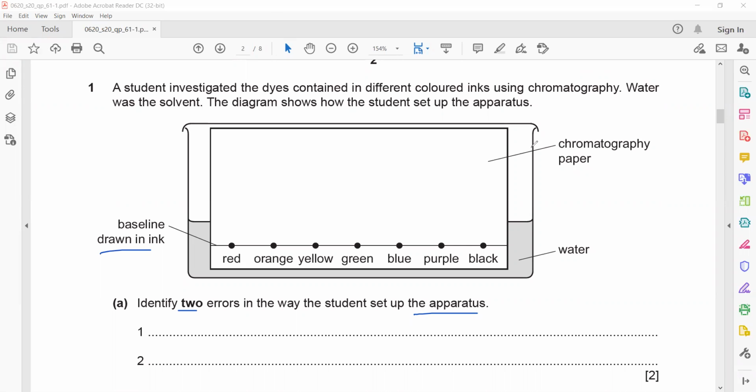So the first error, the baseline is in the solvent. And the second one, the baseline is drawn in ink.